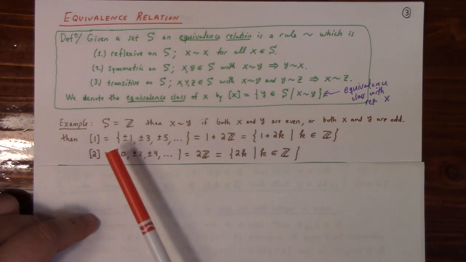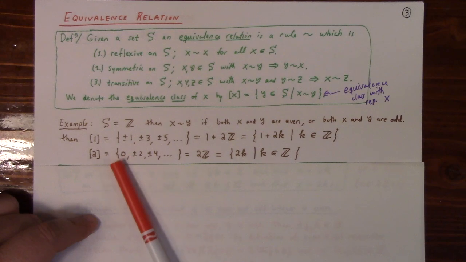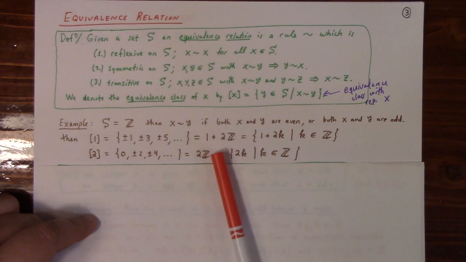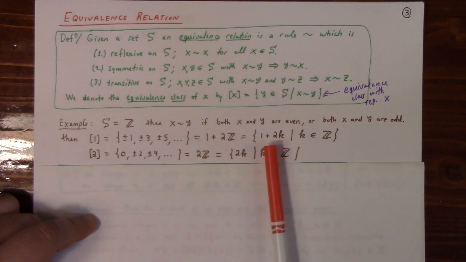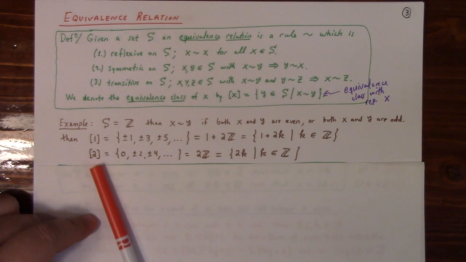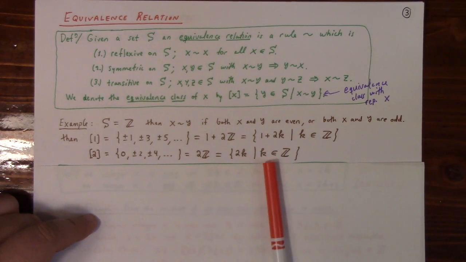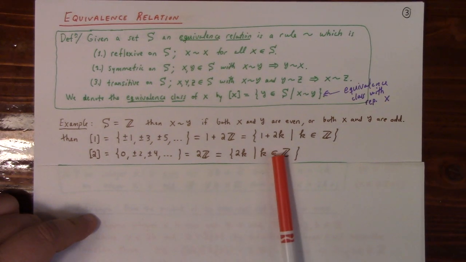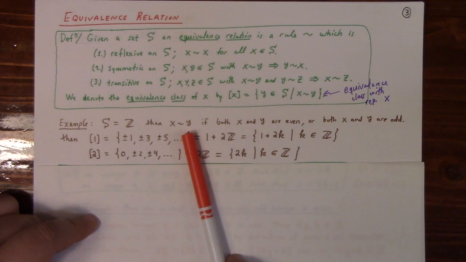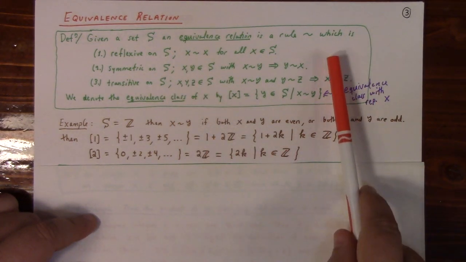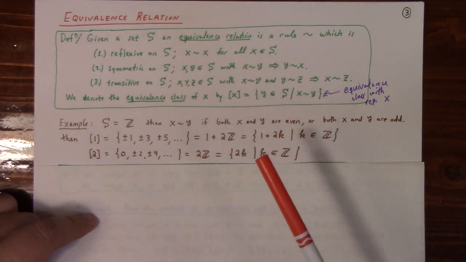So in this setup, the equivalence class of 1 would just be all the odd integers, which we could denote 1 plus 2Z. And the equivalence class of 2 would just be all even integers. And you can check that this definition of equivalence satisfies reflexive, symmetric, and transitive.